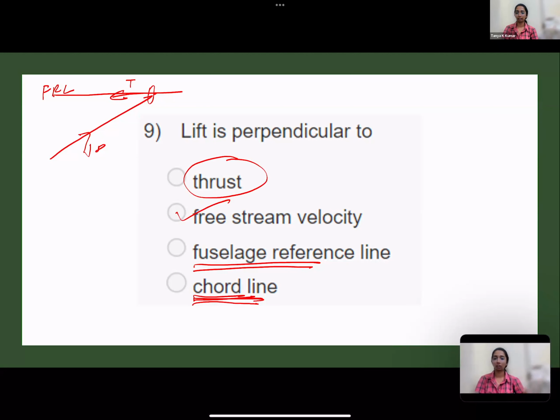Where do we use chord line? AC. AC as an aerodynamic center. Aerodynamic center is just the point at which pitching moment doesn't vary with angle of attack, right? Think about something else. Chord line.